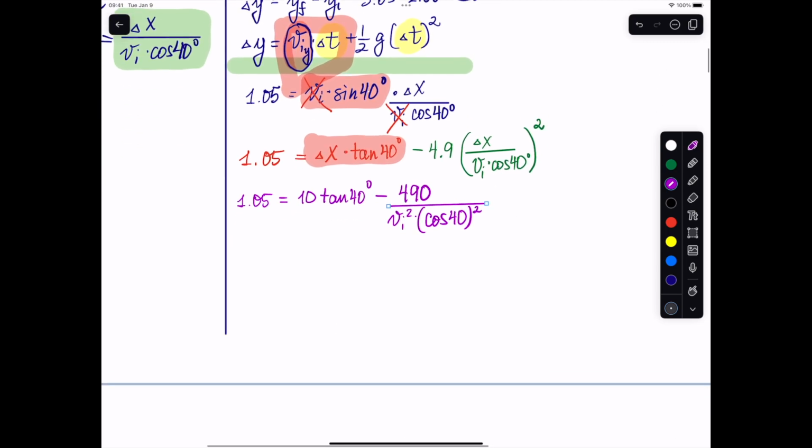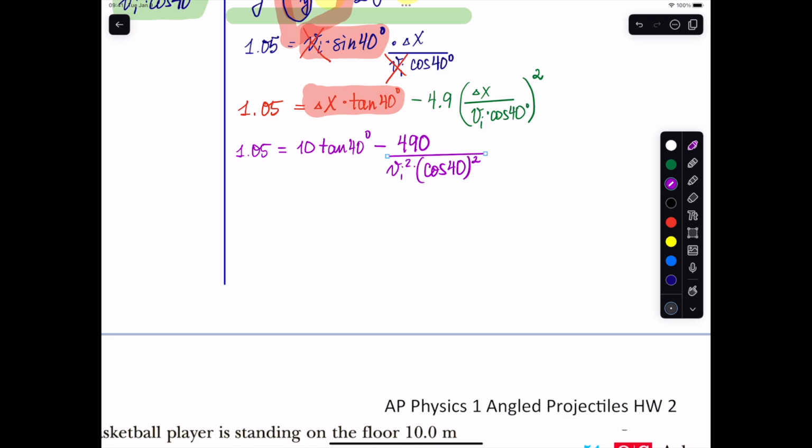So now I pull out my calculator. You can rearrange it with formula first or just go ahead and get your numbers. Since this is rearranging, I'm going to grab my contraption with V squared, put it on the left, and I'm going to grab 1.05 and put it on the right.